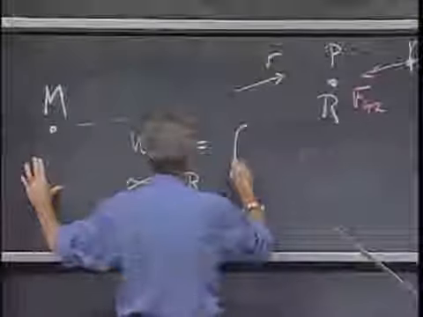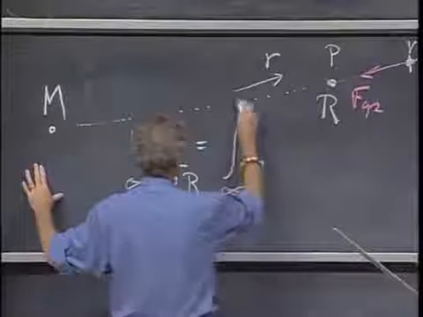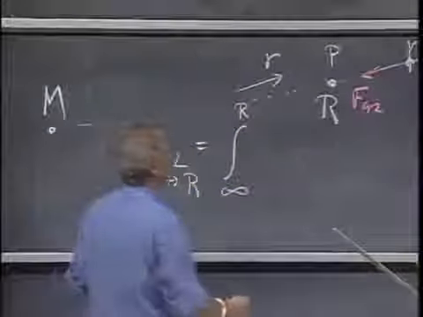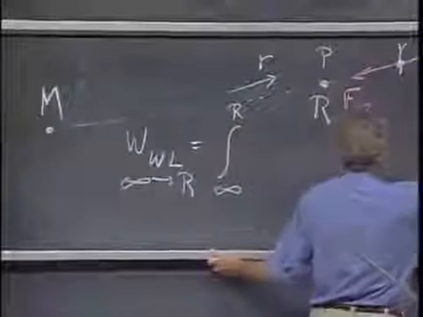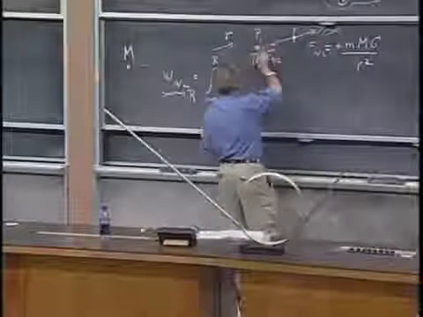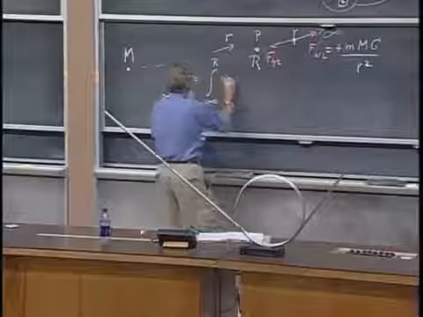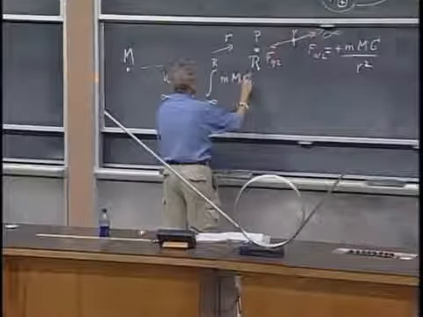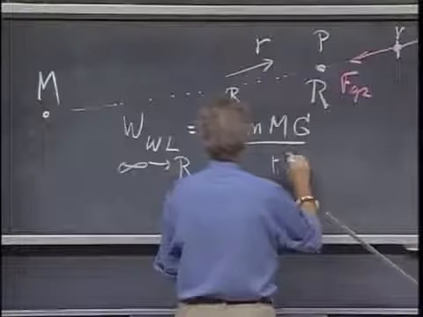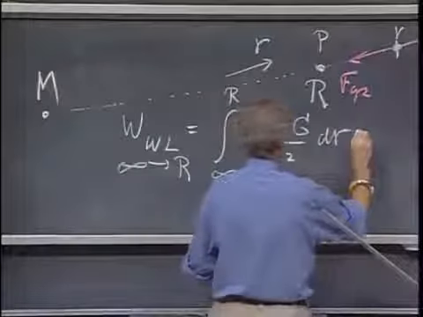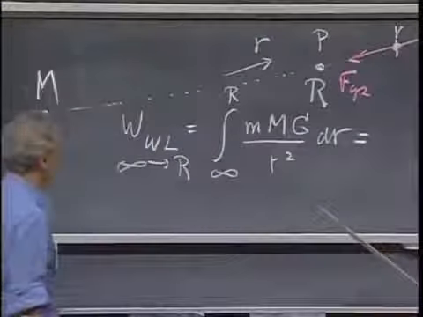So that is the integral going from infinity to R of my force, which is plus, because it's an increasing value of R, mg divided by R squared dr. That's a very easy integral.